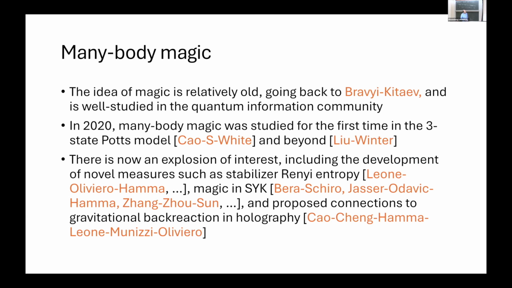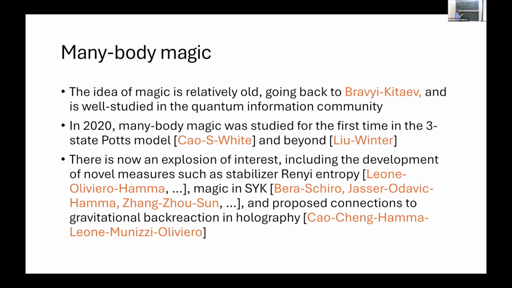Okay. So I just said this. This idea goes back a long ways. As far as I know, in about 2020, this was first studied in the many-body context. Some collaborators and I looked at it in the 3-state Potts model. And there, briefly, the idea was you have a Hamiltonian, which is minus g times X minus Z dagger Z, where X and Z are clock and shift operators for Z3.